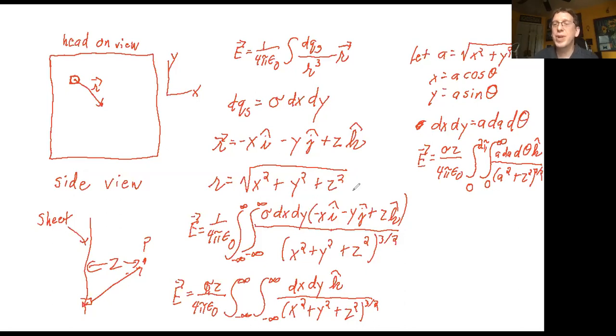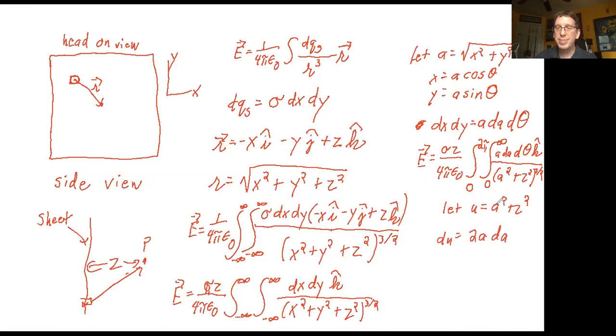All right, we're still going to need another substitution. We're going to let u equal a squared plus z squared, so that du is equal to 2a dA.